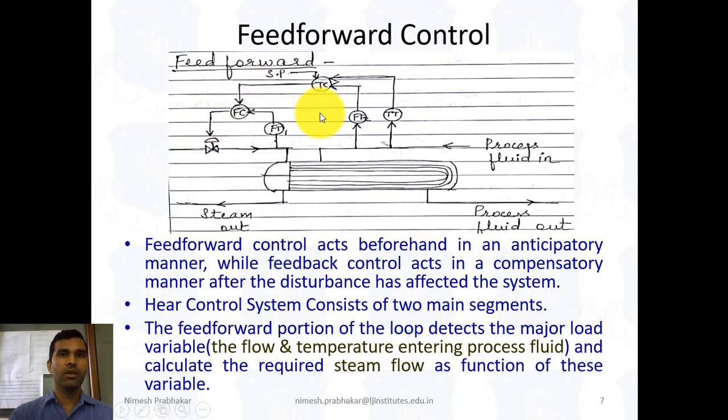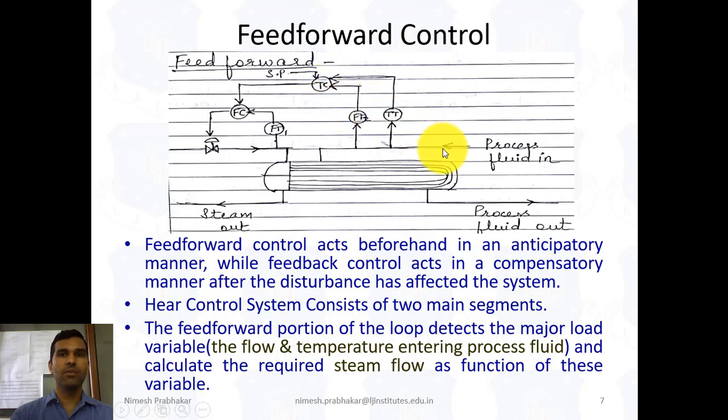See here on the input side, first we measure the temperature of the inlet water, that means the inlet fluid temperature is measured by this device, and also the control of this temperature is by using this device.